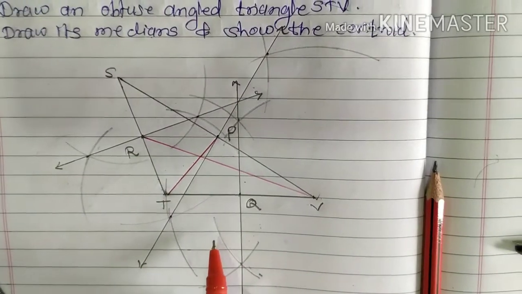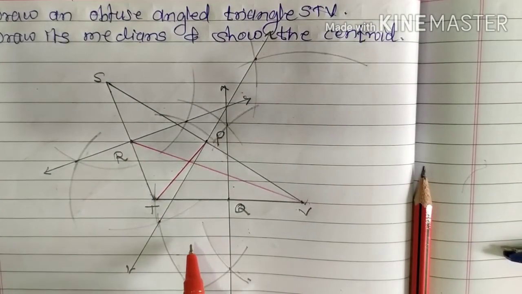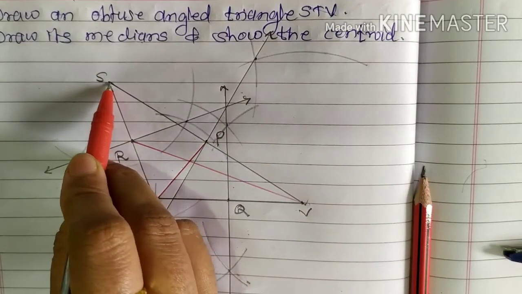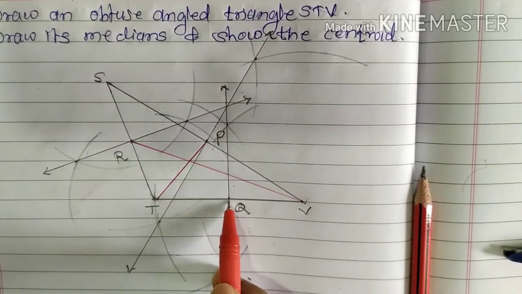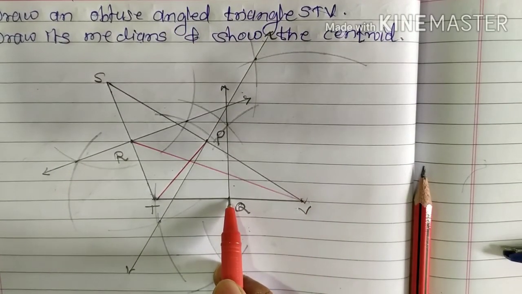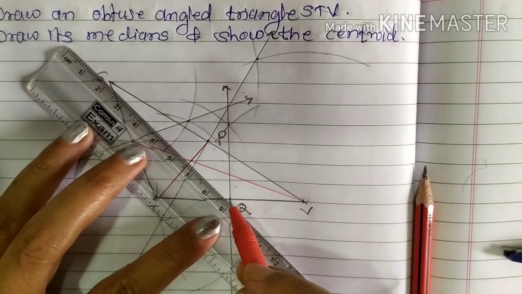Then next, that is the point S or vertex S, and the opposite side, that is TV, and the midpoint of TV is Q. Hence join these.